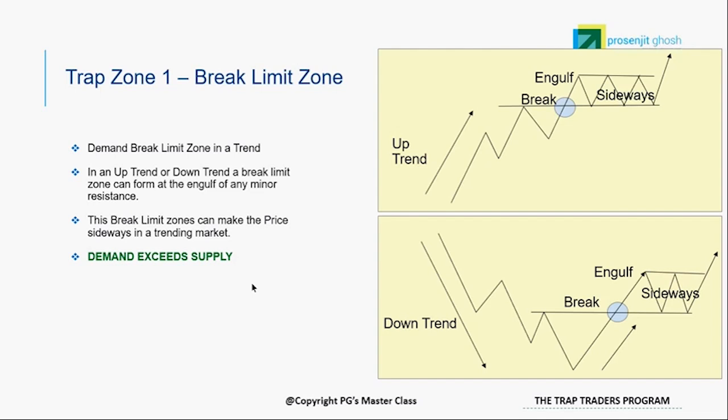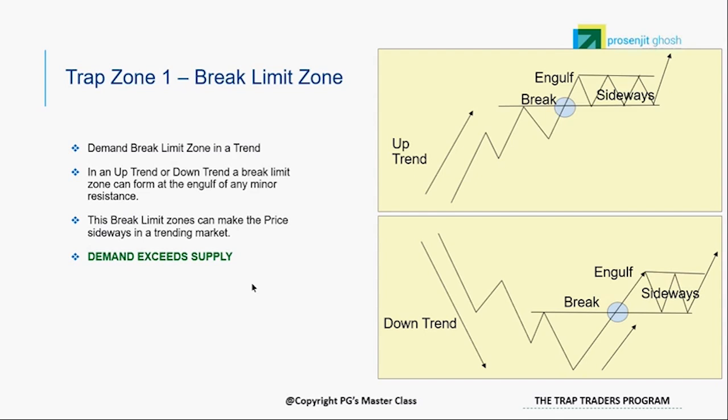But in a downtrend also, break of a resistance can create a demand break limit zone. So I am showing you a demand break limit zone forming both in uptrend and in downtrend. We can see a lot of examples of that in the chart.